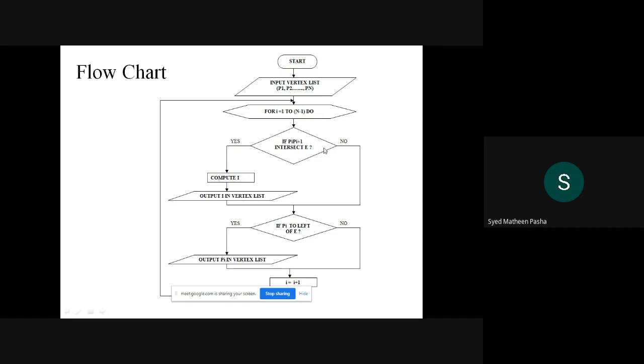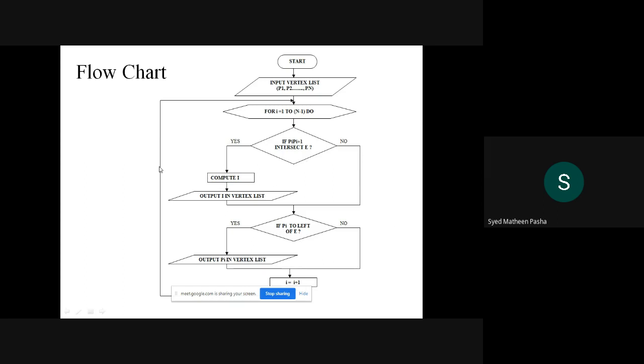If this condition is not satisfied, then it comes back to the loop for this computation. Once the loop is done, it will check for the next case where the point Pi is towards the left of that particular edge. If that is true, it will also include Pi in the vertex list, or it will keep on incrementing I to I plus 1.